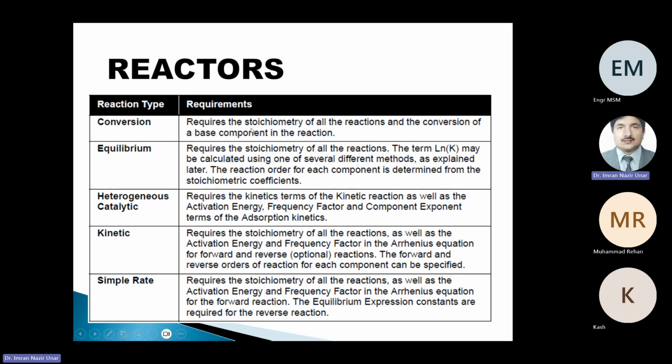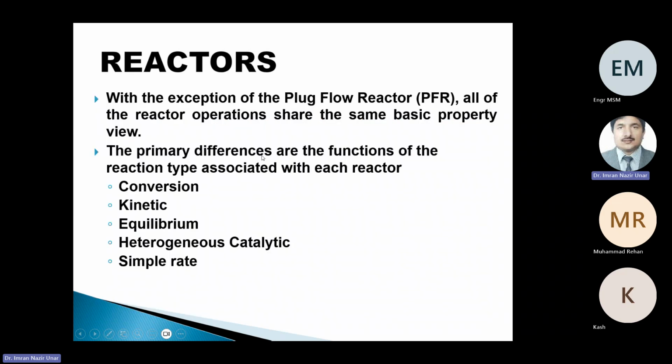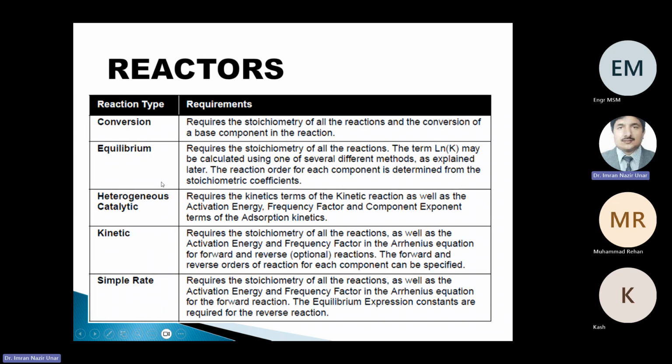So conversion reaction requires stoichiometry, and the conversion of a base component in the reaction. So you need to have a conversion rate. For example, you must know how much conversion the reaction has, 100% or 90%.